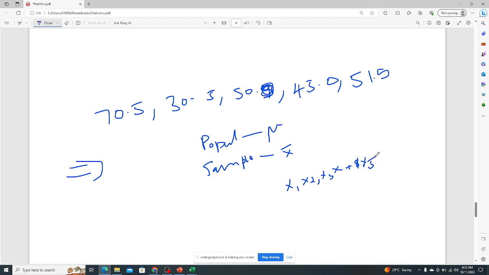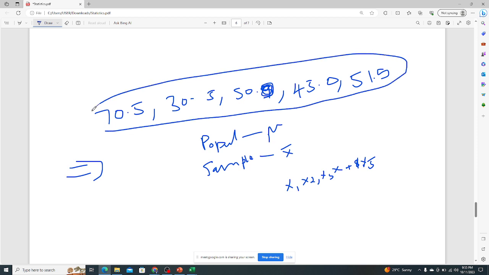Then we know that mean is the sum of all values divided by the count of values.